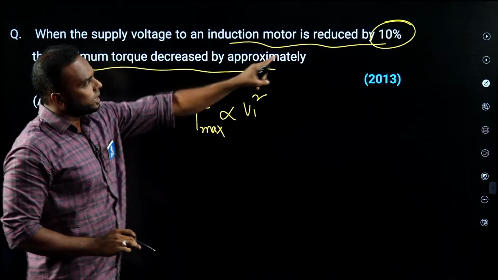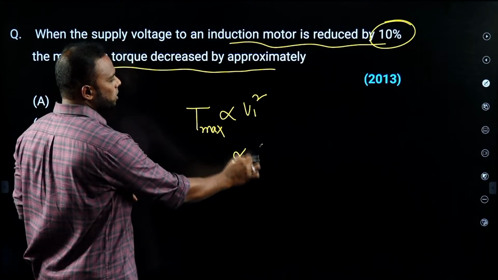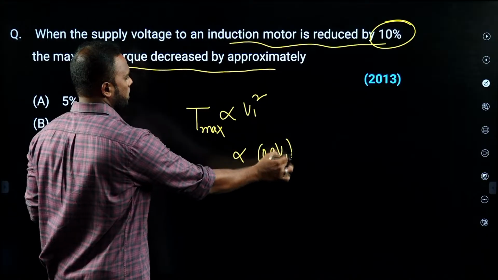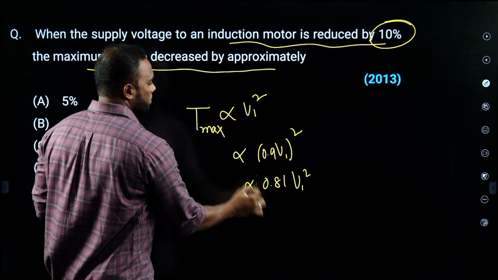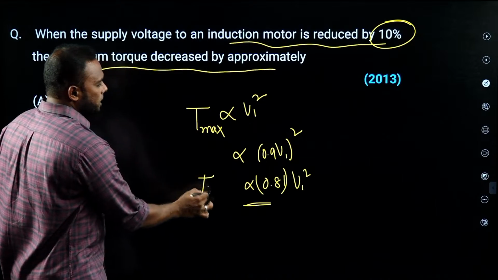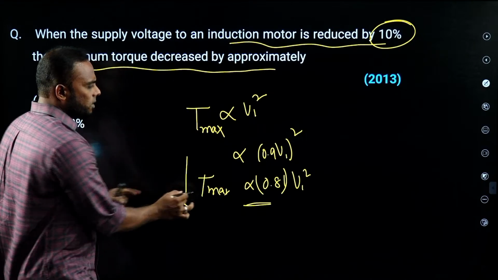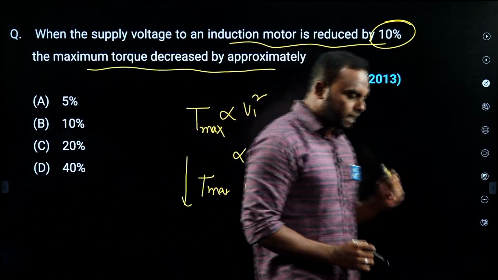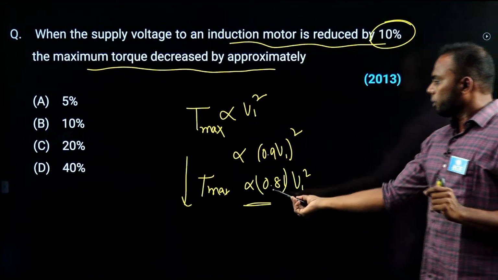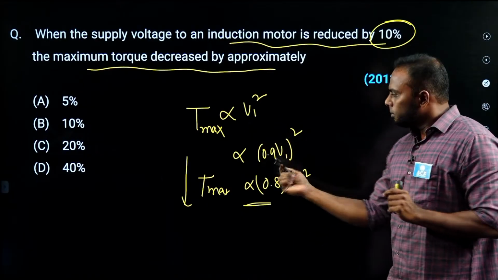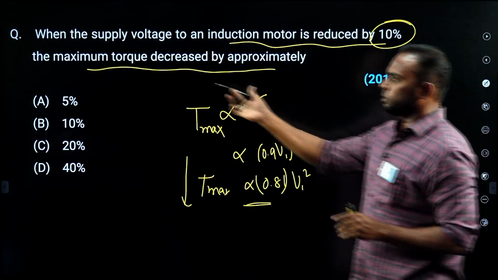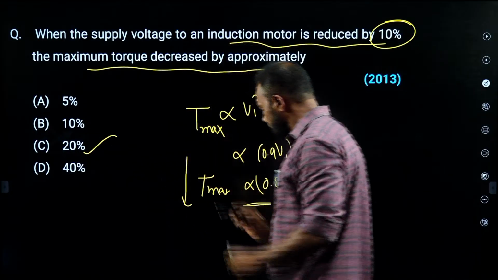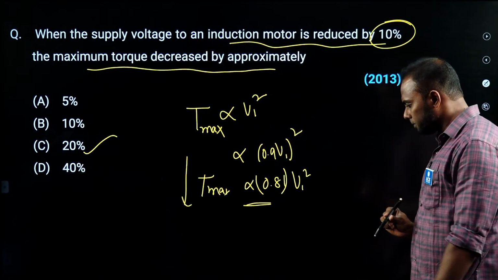How much voltage is reduced? 10% reduced, so the new value is 0.9 V1, squared it is 0.81 V1 square. That means maximum torque is reduced by 19% exactly, 0.19. But when voltage is reduced, torque is also reduced by 19%; approximately, from the options, it is 20%. Right, next question.